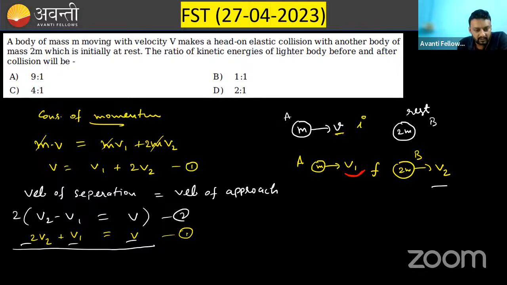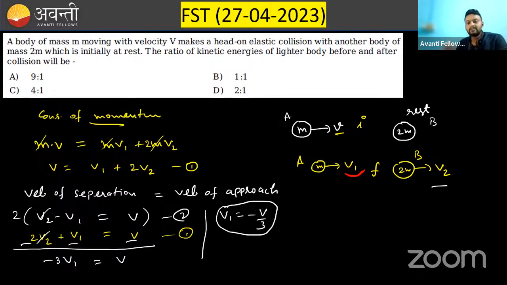What I'm trying to do here, I will solve it without making any noise. Okay, so that will be 2V1 and V1, 3V1 is equals to minus V. Clear? So V1 is equals to minus V by 3. That means another thing that you can get here, however, it is not asked, not necessary. V1 is equals to minus V by 3. That means the velocity of mass M should be towards left with V by 3 velocity.